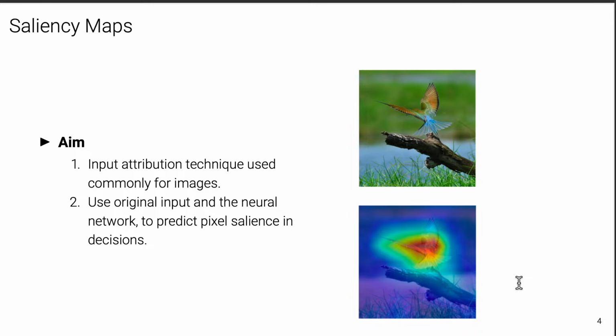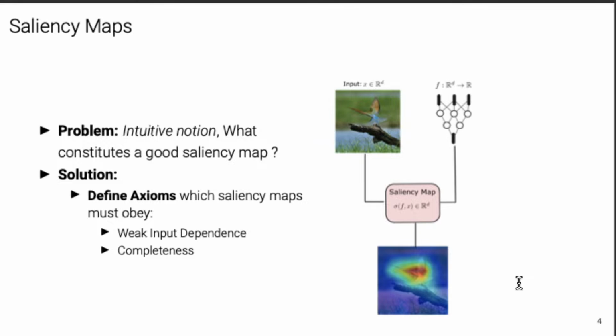Several of these techniques have already been introduced, and what we try to introduce here is the full-gradient representation. The problem with saliency maps is that we only have an intuitive notion of what saliency is. If you ask a human being to decide whether there's a bird in this picture and to outline it, they can say that the pixels surrounding the bird are salient for the decision making, while the background pixels would be less salient.